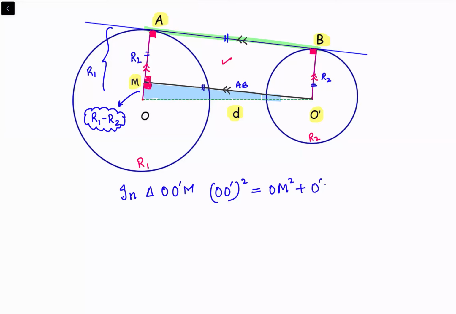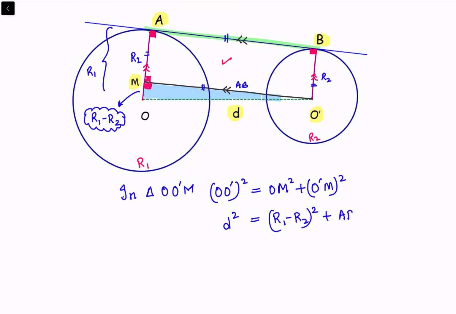OO dash is given to us as d. So d square is equal to OM, which is R1 minus R2, whole square, plus O dash M square. Now O dash M, we know, is nothing but AB.